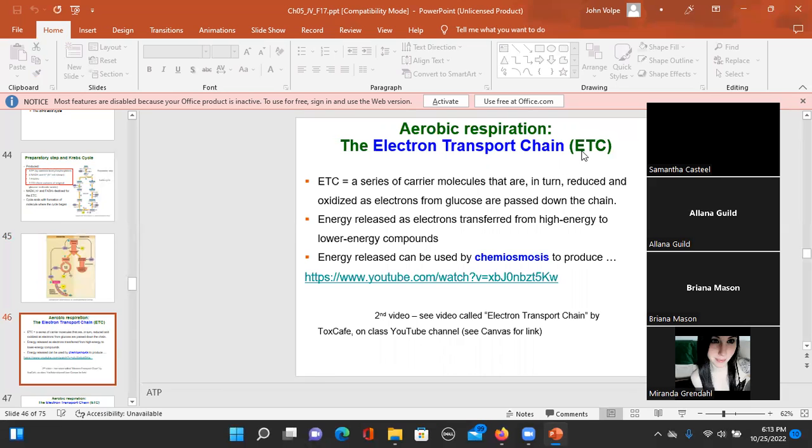The abbreviation is ETC. It can also be called electron transport phosphorylation because there's phosphorylation going on in the process. It can also be called chemiosmosis. I don't tend to use that name. Another name I don't remember off the top of my head, but it does have a couple of names. I'll always use the electron transport chain.